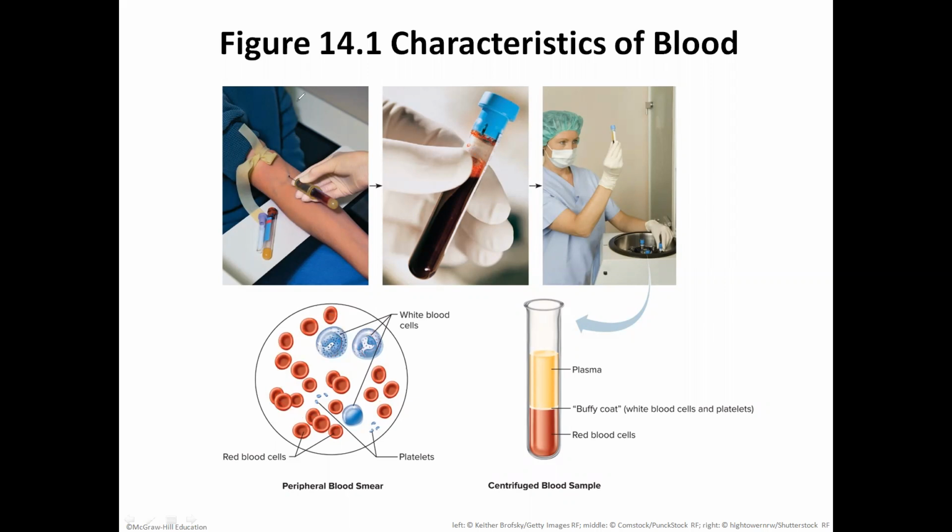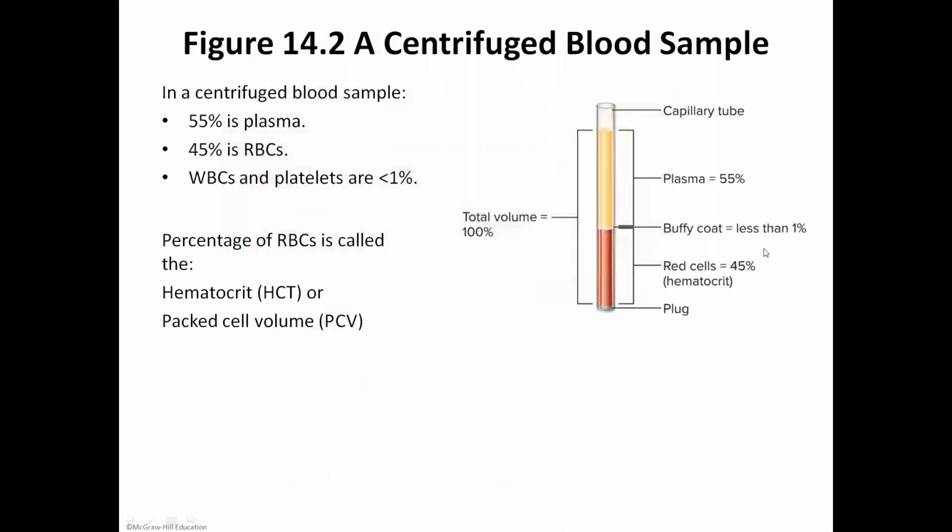In the breakdown, it's about 55% plasma, a little less than 1% is the buffy coat, which is your white blood cells and your platelets, and then the rest is red blood cells. This should make total sense because your red blood cells are your oxygen carrying capacity, so you need a lot of them to distribute oxygen.